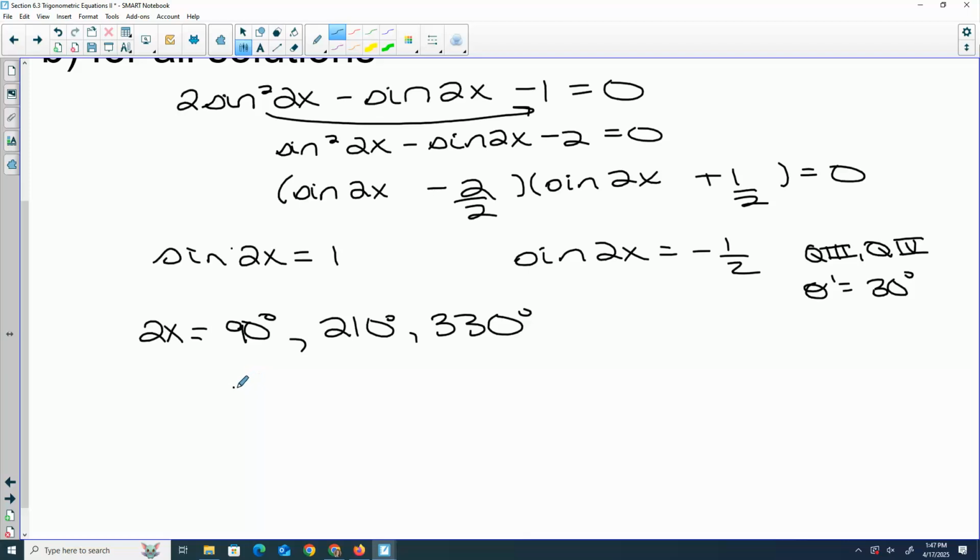But we said double solutions, so we currently have 3, so we have to have 6 total. So add 360 to each of those.